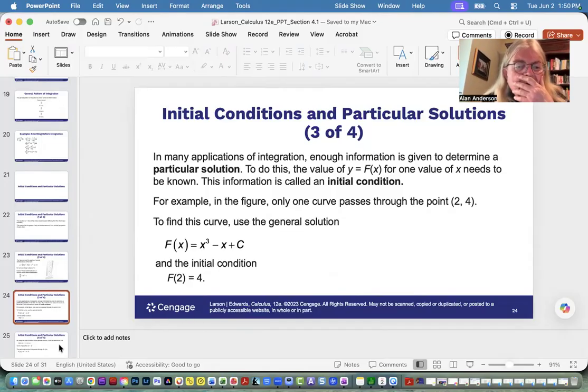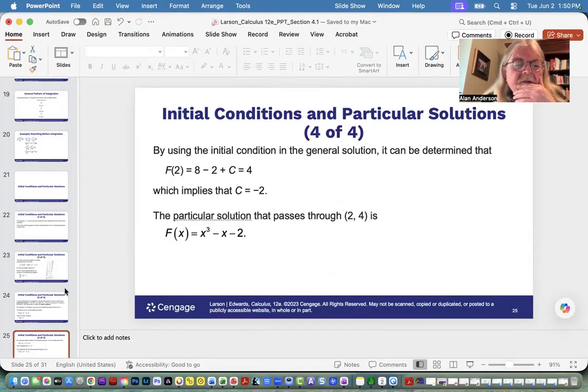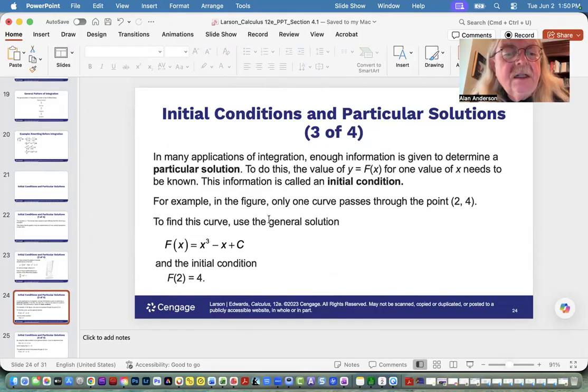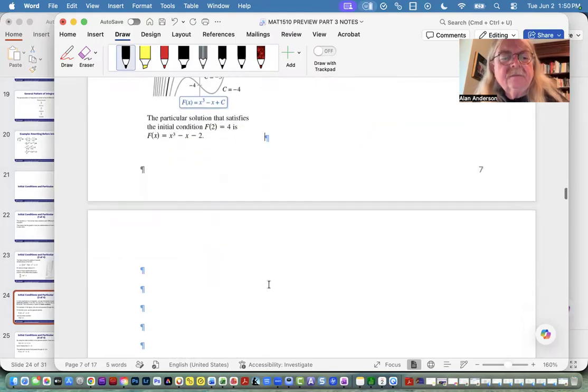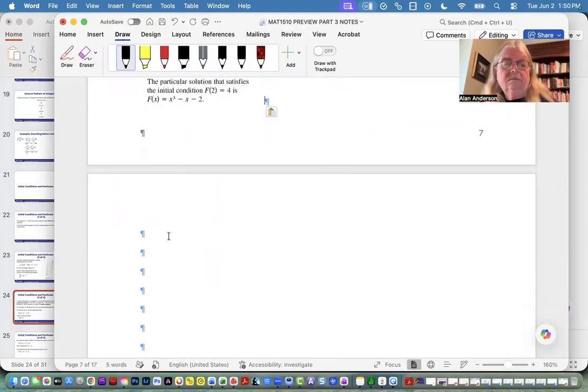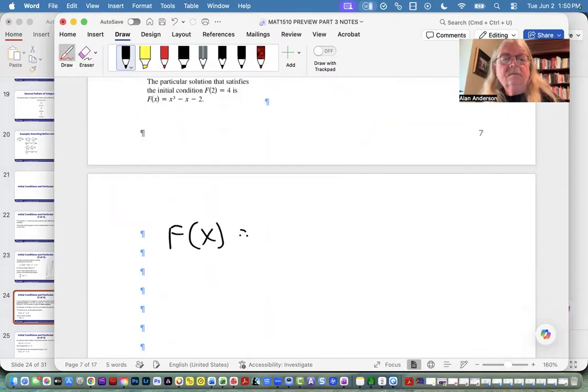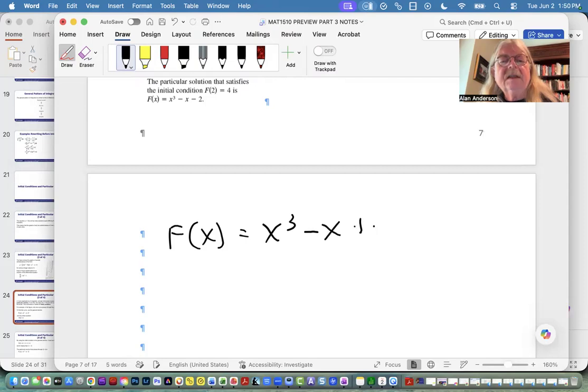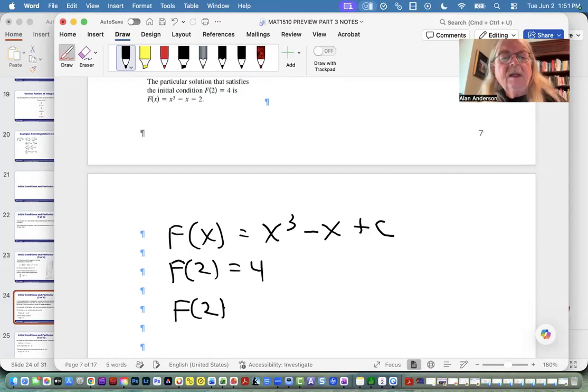So what do we do then? Well, f of 2, let's write this down. F of x is x cubed minus x plus c, but we're also being told that f of 2 equals 4. On the other hand, f of 2 equals 2 cubed minus 2 plus c.